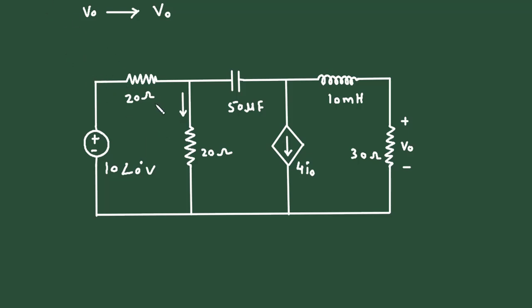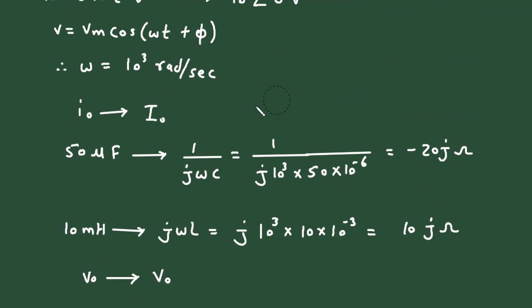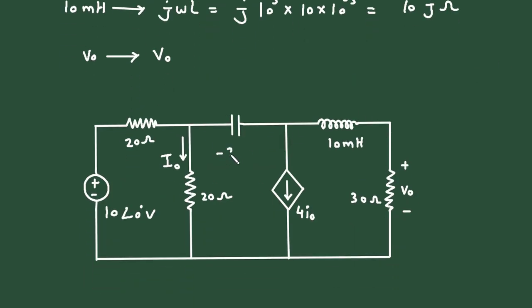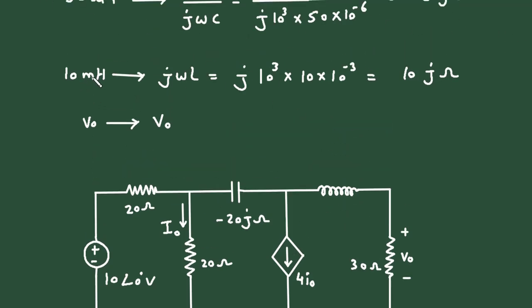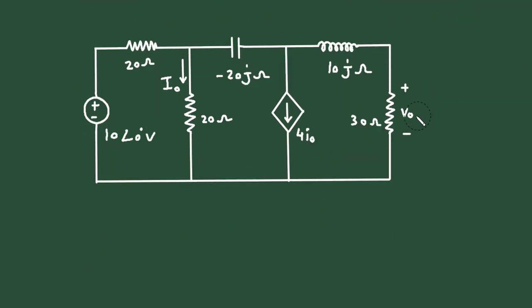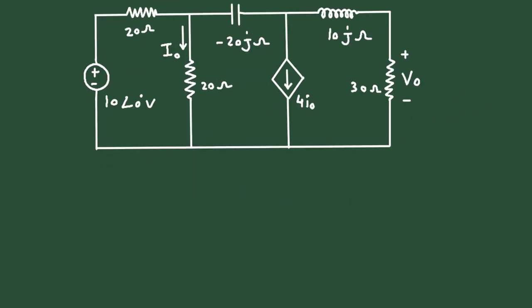This small io will change to capital Io. 50 microfarad will change to minus 20j ohm. 10 millihenry will change to 10j ohm. This small vo will change to capital Vo. Also here this small io will change to capital Io.